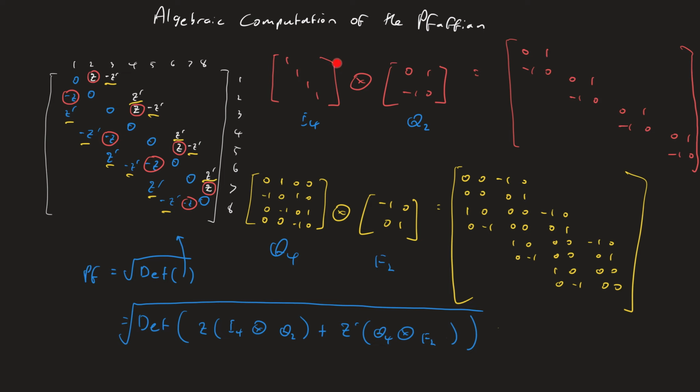So in this matrix here, the 1 here gets multiplied by this matrix here, 0, 1, negative 1, 0, to create this entry in here. The 0 here gets multiplied by this to give us a 0 block matrix in here, and so forth. So in this case, because we have 4 ones along the diagonal, we get Q2 repeated 4 times along the diagonal. That's the effect of this Kronecker product.